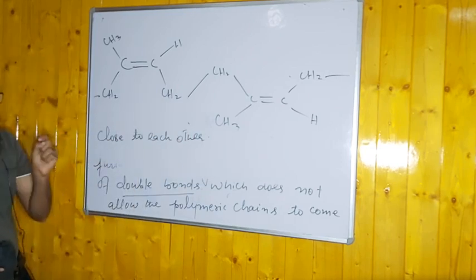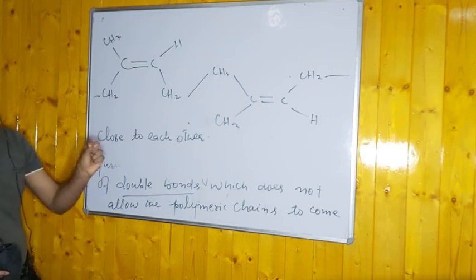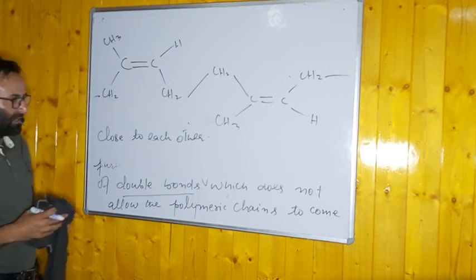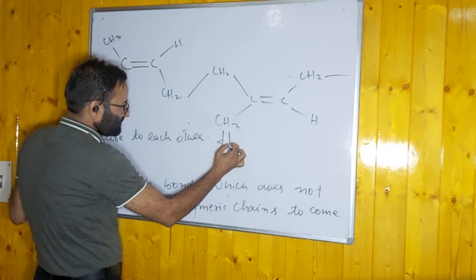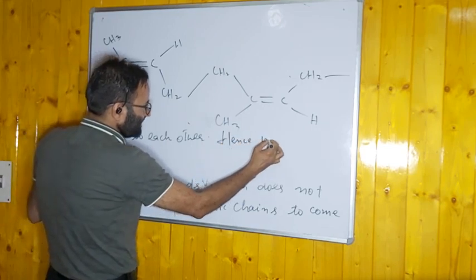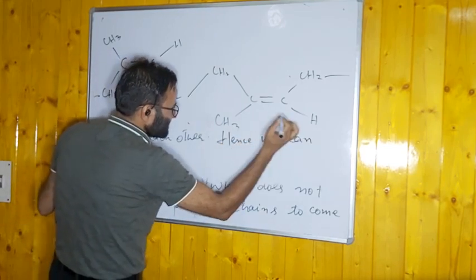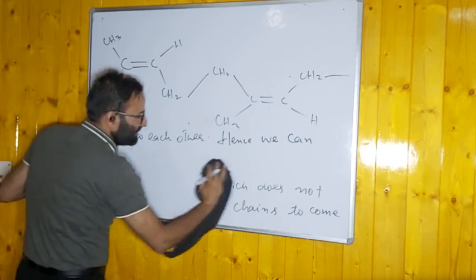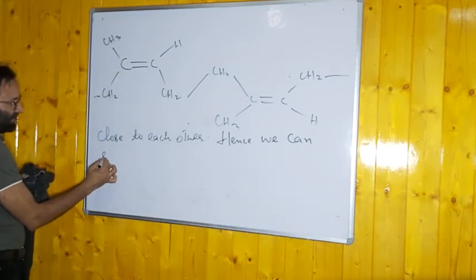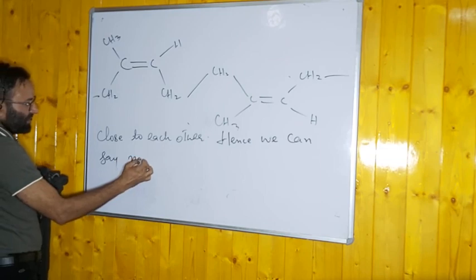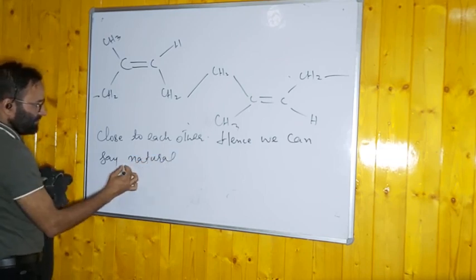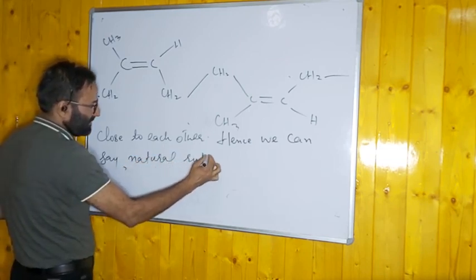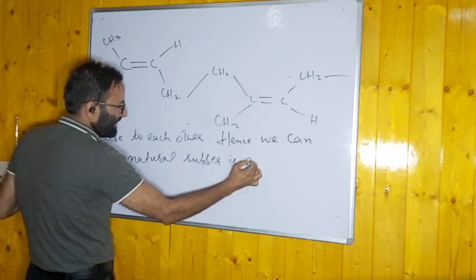Remember this point. Hence, since the interaction is weakest, we can say natural rubber is an elastomer.